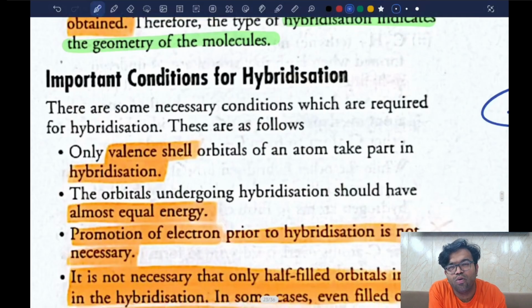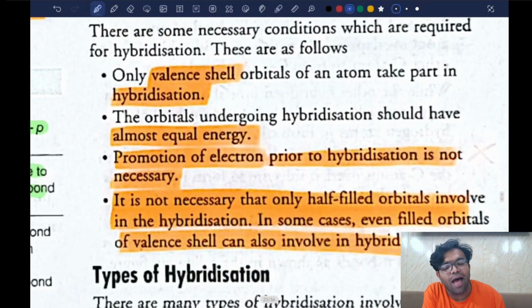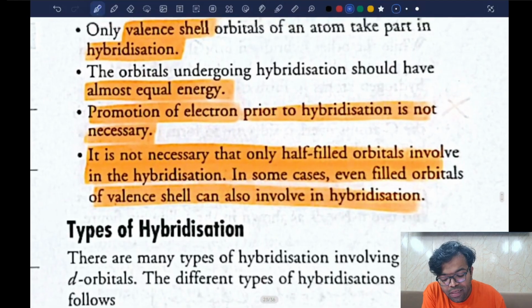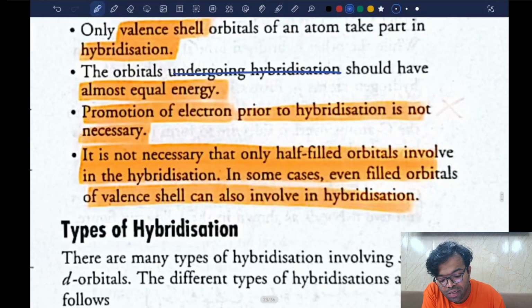We have the 2s2 and the 2p2, right? The 2s and the 2p are the two orbitals in the valence shell, and they are the ones that are going to participate in the hybridization. Only valence shell orbitals of an atom take part in hybridization. The orbitals undergoing hybridization should have equal energies.